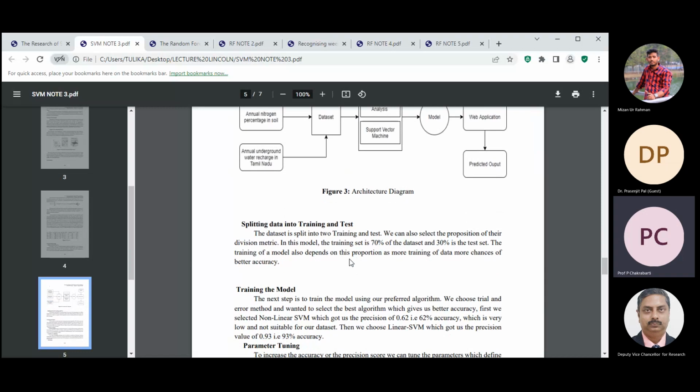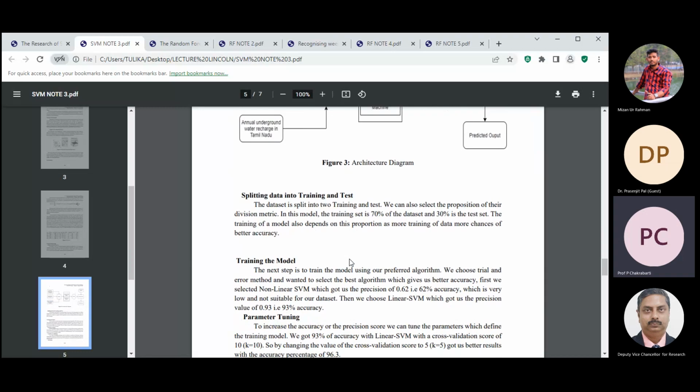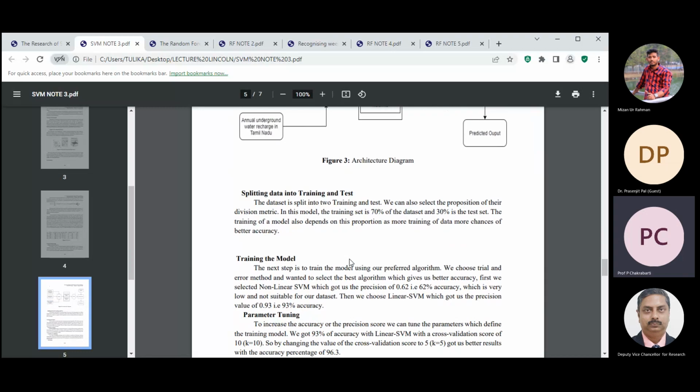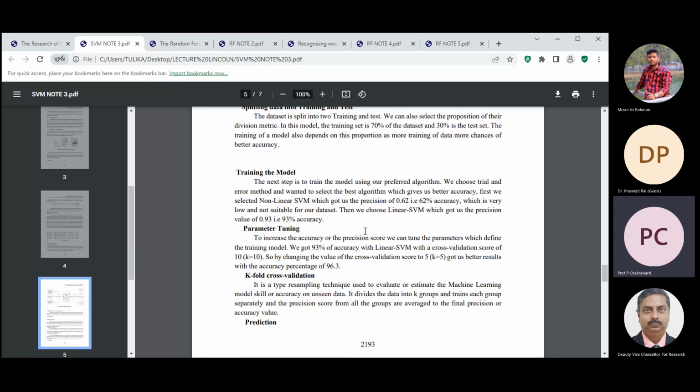In this case also they used the training set and the test set, and trained the model. While training, they used the non-linear SVM, and you have seen the accuracy is only 62%. When the accuracy is only 62%, why would we choose non-linear? Here the accuracy is much less.